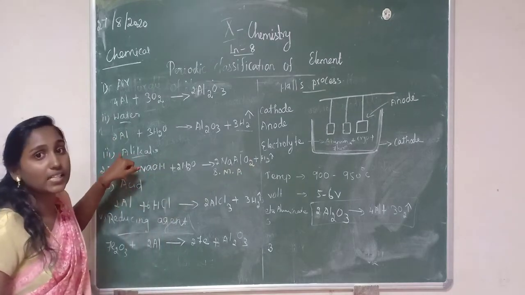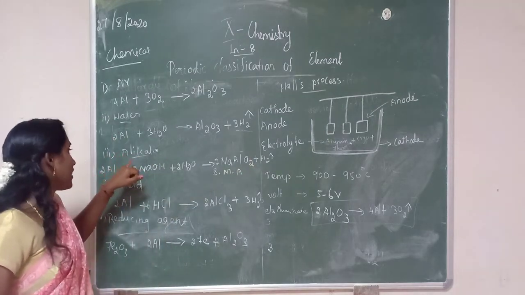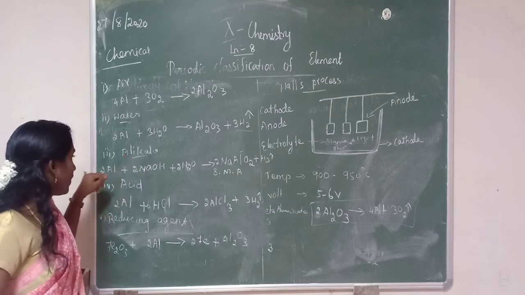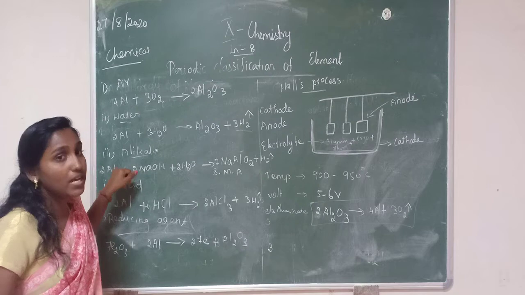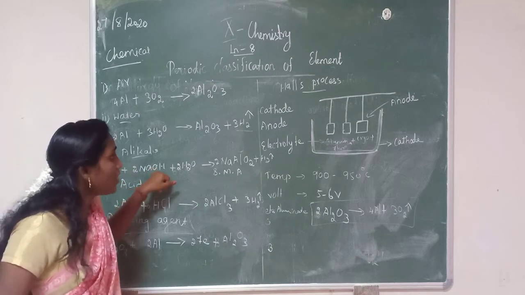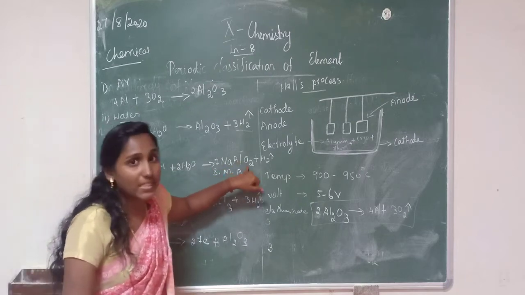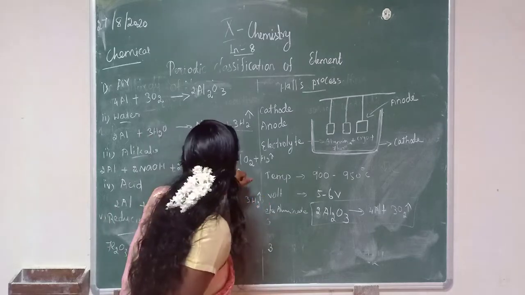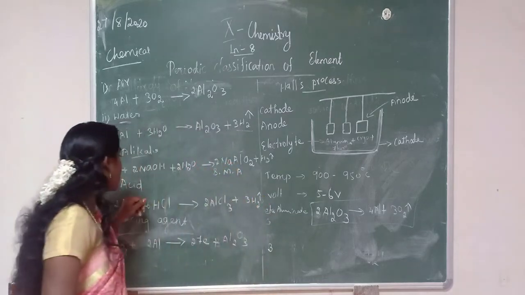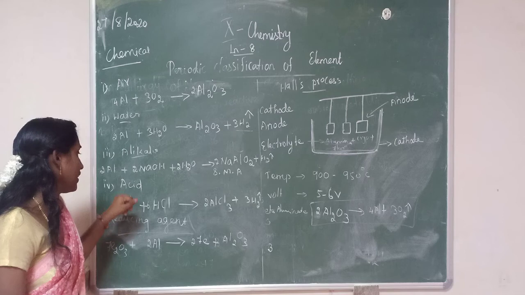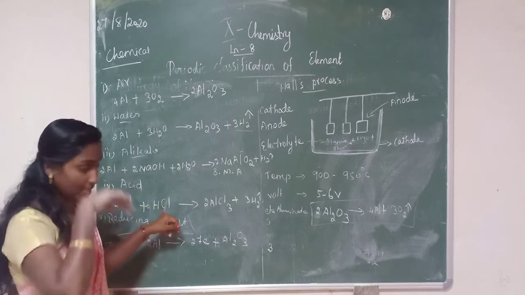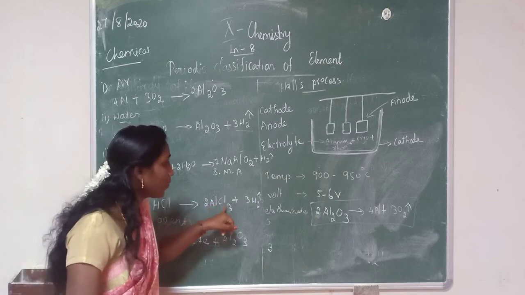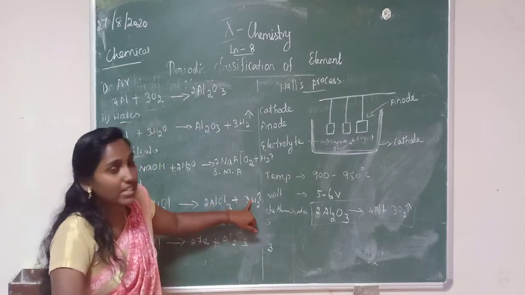Then the third, reaction with alkalis. When aluminium reacts with caustic soda, it forms sodium meta-aluminate. Then reaction with acid. When aluminium reacts with hydrochloric acid, it forms aluminium chloride and liberates which gas?